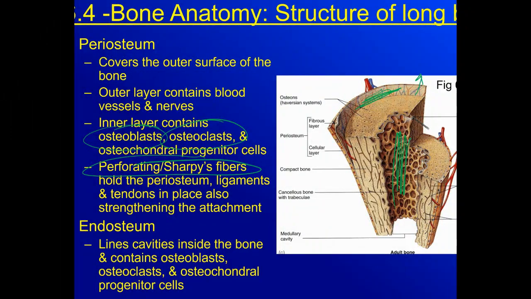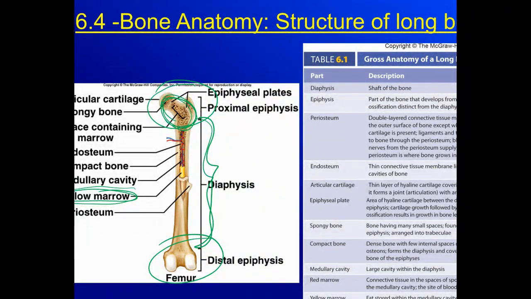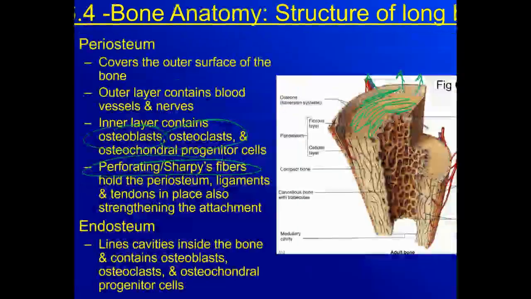I only have room to grow outward from here, because if I try and grow in here, this is compact bone. There isn't any space. I do have space in the middle here where I've got all that spongy space that I can actually grow into. So it makes sense to put these cells in those two places.